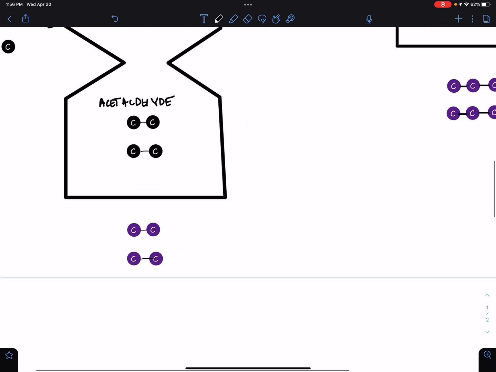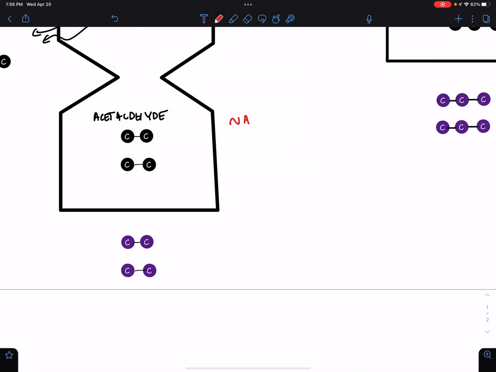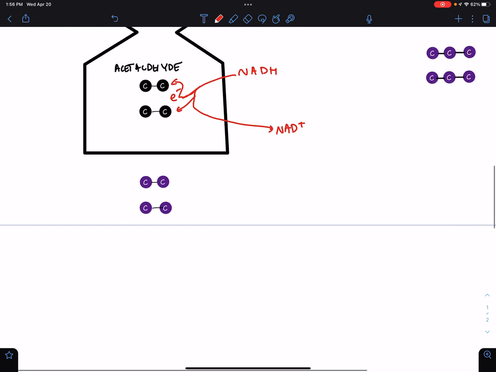This is part of another reduction oxidation reaction where NADH comes and drops off electrons onto acetaldehyde, and NAD plus is created.